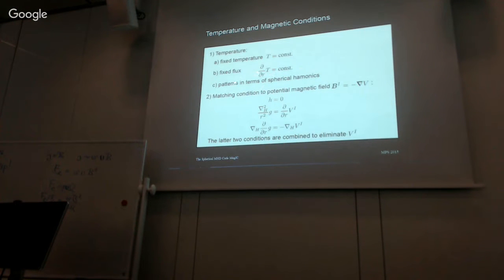And what I noted as a third option is you can actually not say that the heat flux or the temperature is homogeneous at the bottom, but you can give it a pattern. So, for example, think about a planet where the sun shines on the planet. Typically, the equatorial region is hotter than the polar regions.